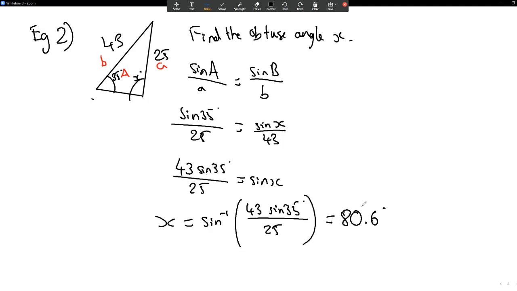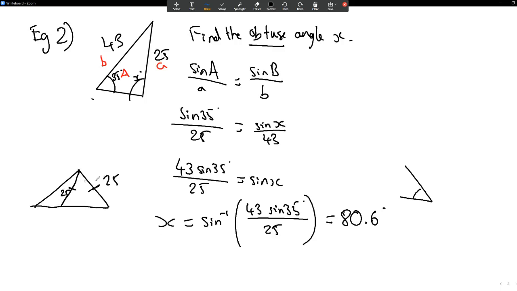Right? But remember, this is not obtuse. This is an acute angle. It's less than 90 degrees. So we have an issue here because it wants the obtuse angle. If you want to know why this is the case, if we have a triangle, there's always going to be an isosceles triangle here where this is 25, and because they're the same length, this is 25.